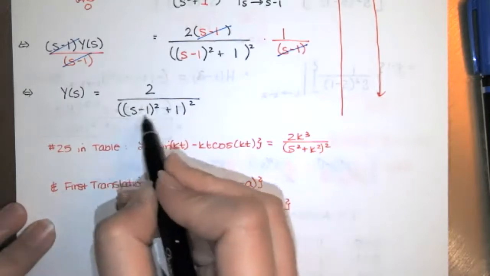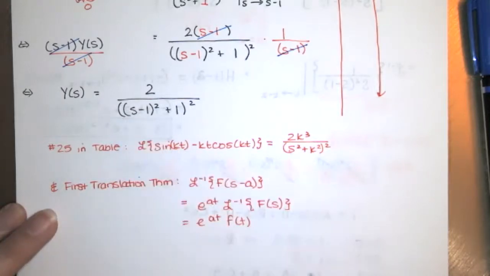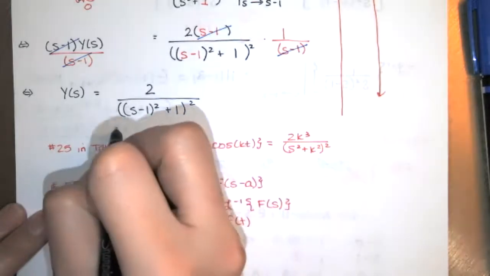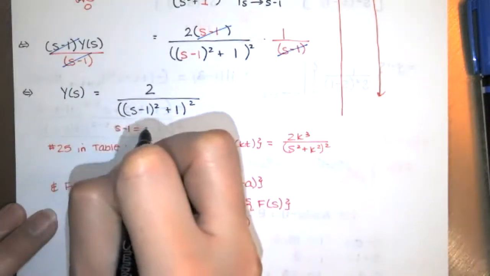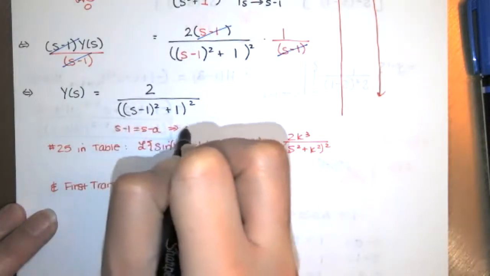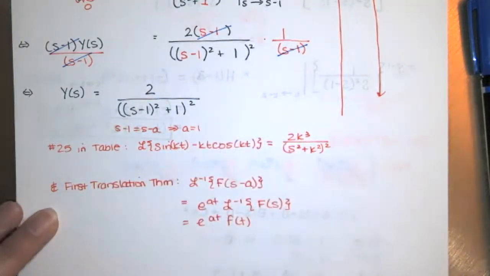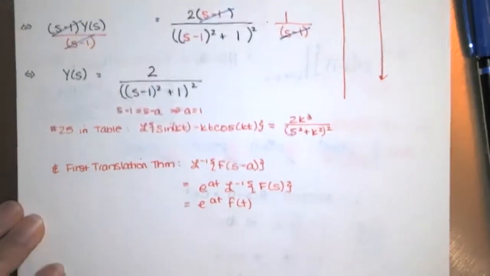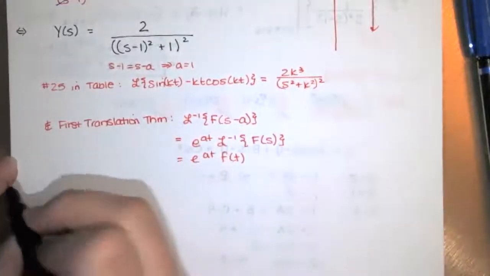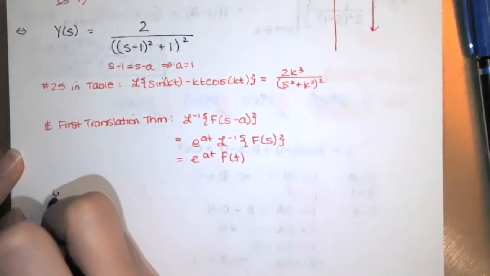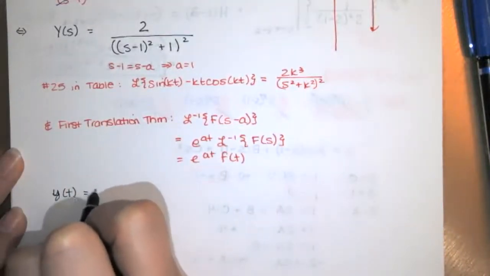I notice that s has been replaced by s minus 1 here, so s minus 1 is equal to s minus a, which means that a must be 1. So when we take the inverse transform of that, we're looking for y(t).